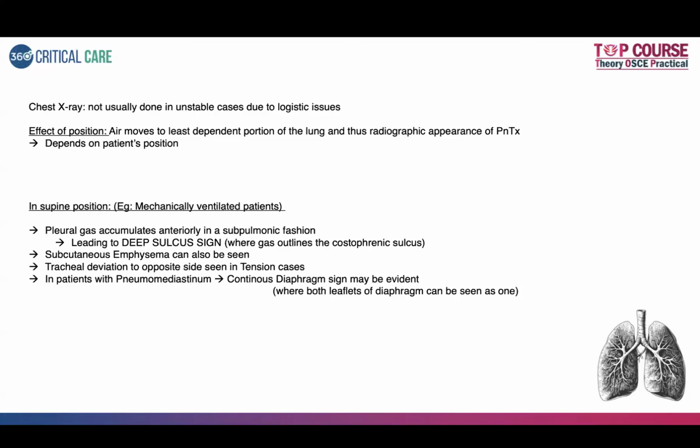With respect to the chest X-ray, you need to always assess for the possibility of a deep sulcus sign, tracheal deviation, and subcutaneous emphysema. And if pneumomediastinum is also present, then there can be a continuous diaphragm sign evident.